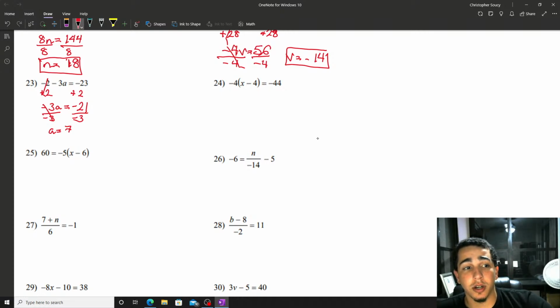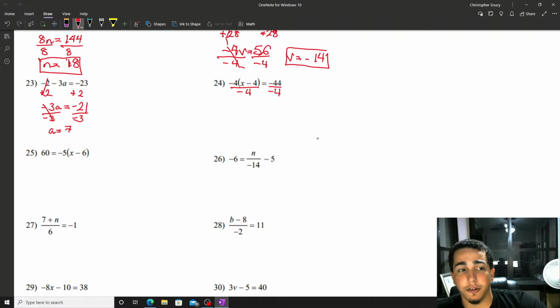For number 24, we can either distribute the negative 4 and then solve for x, how we did in number 22. Or we can divide each side by negative 4, which is the number on the outside of the parentheses. So in this one, we'll divide each side by negative 4.